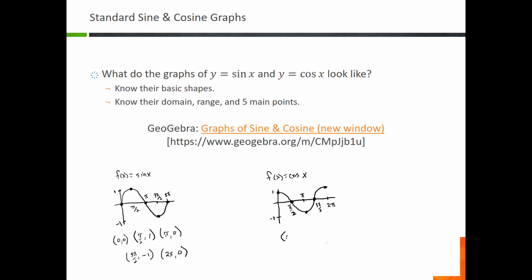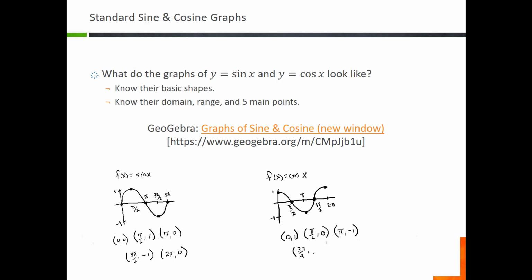For cosine, it's at 0. So 0 is the x, the first x coordinate. So it's 0, 1. The next one again is at pi over 2, but now it's down to 0, the y value. And then the third one is at pi, and at pi the function is at a -1. The next x coordinate would be 3 pi over 2.